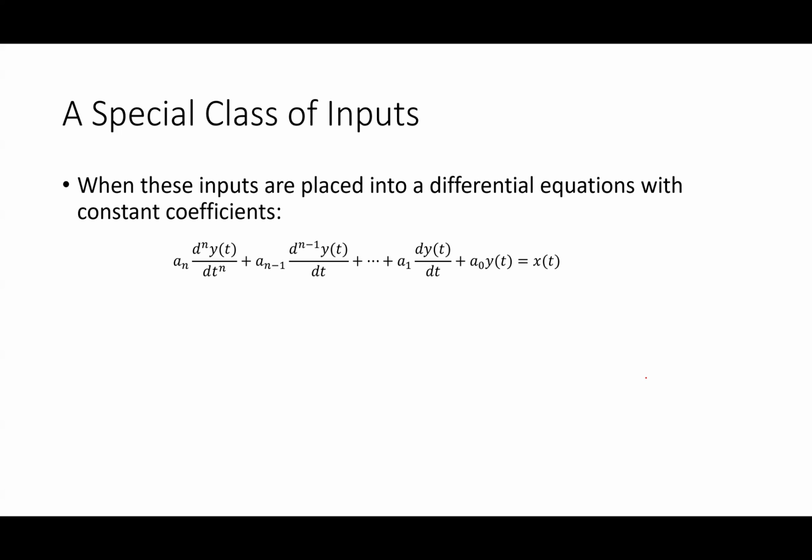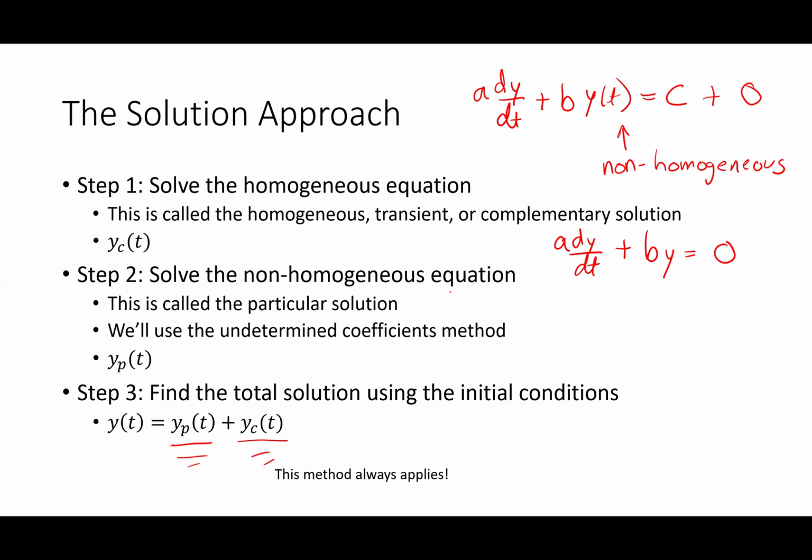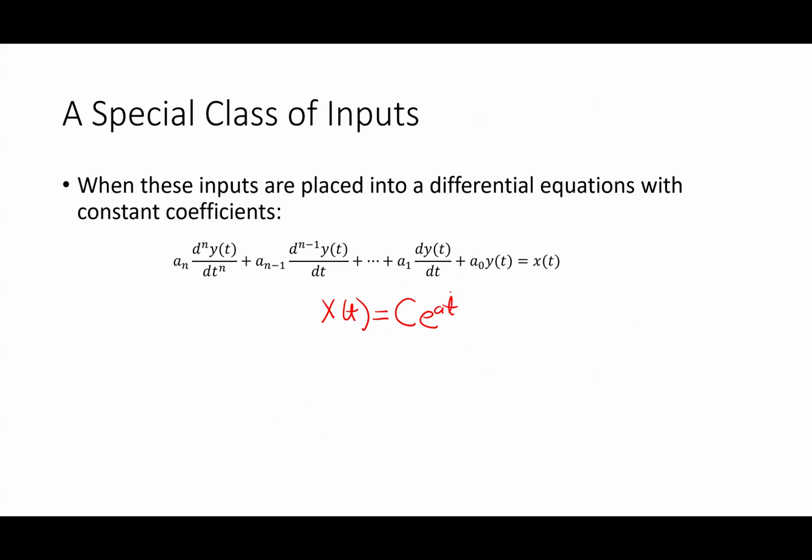If I have an exponential as my input, let's say x of t is equal to c e to the at. If I go back to my steps and look at the step where I solve for the particular solution, I said I use this method of undetermined coefficients. What does that mean?